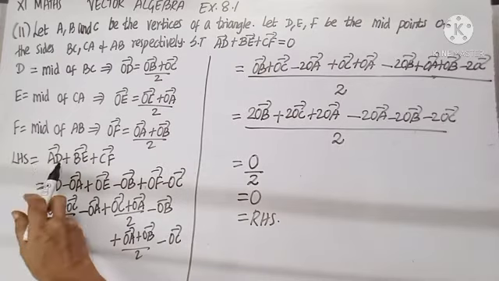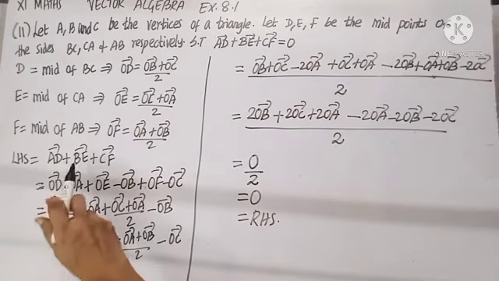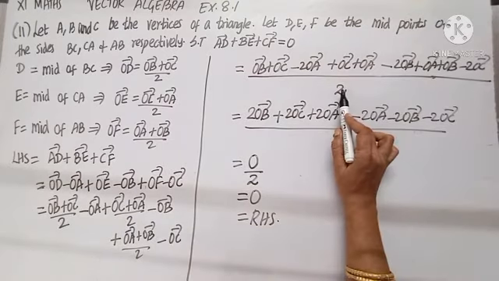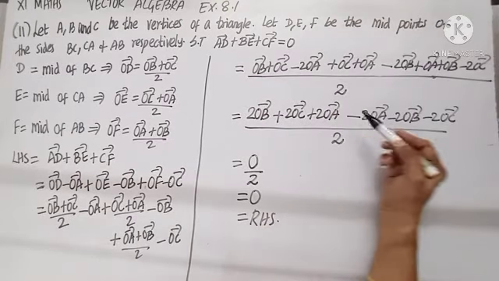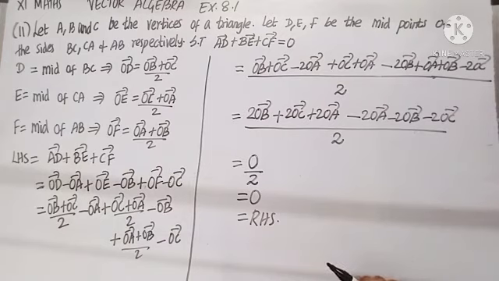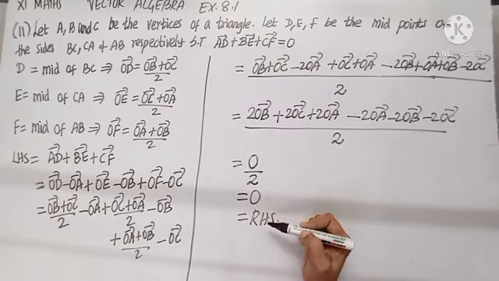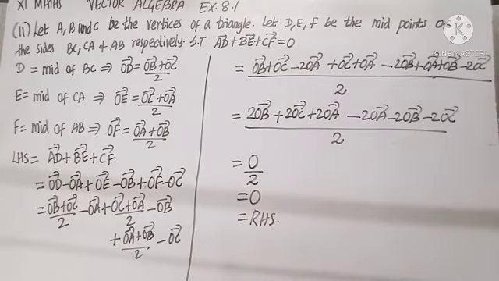So OD minus OA. Same way we have written the remaining. By taking LCM, we are able to show that the terms get mutually cancelled. And I arrive at 0 by 2, which is 0, and hence we have proved the problem.